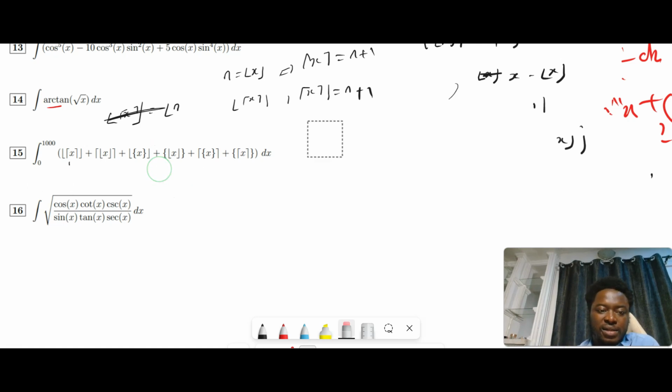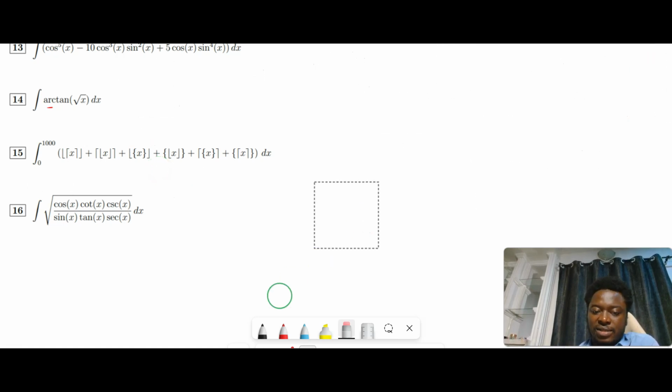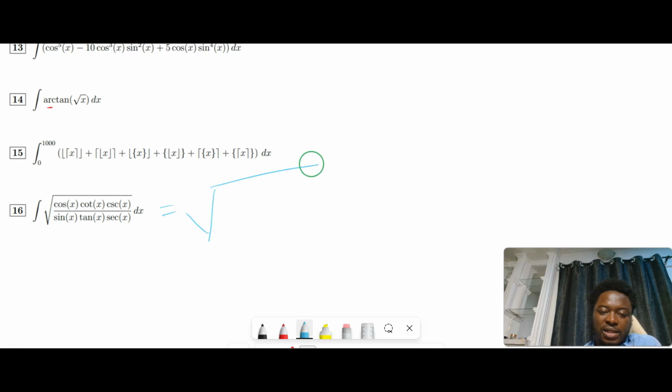Now this part here, I solved this problem on my channel. I don't know if it is worth solving again, but the basic thing here is to write this as cosine of x times 1 over cosine x over sine x times 1 over cosine x, and then you write this bottom as sine x over cosine of x times 1 over cosine of x.